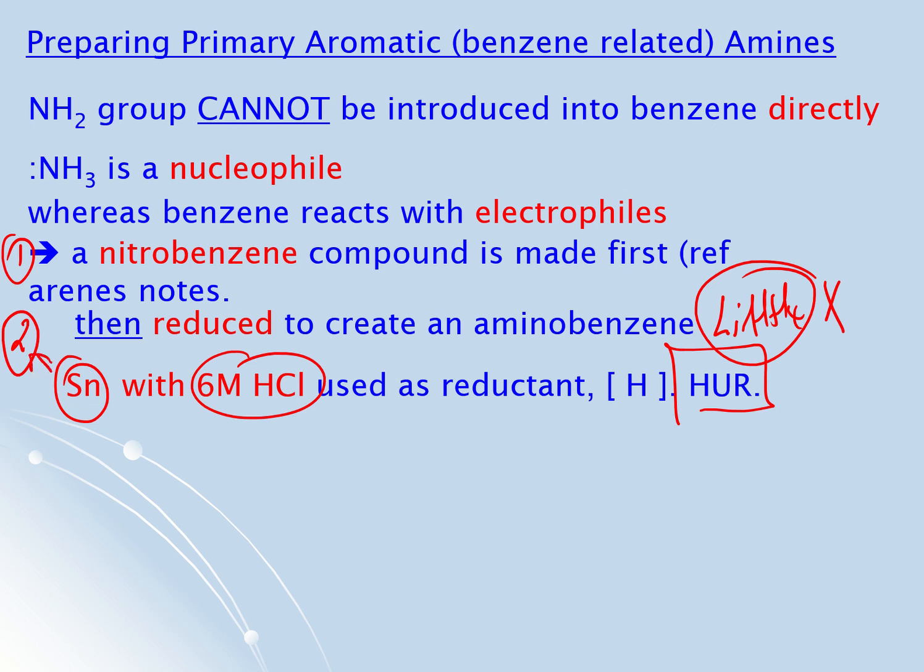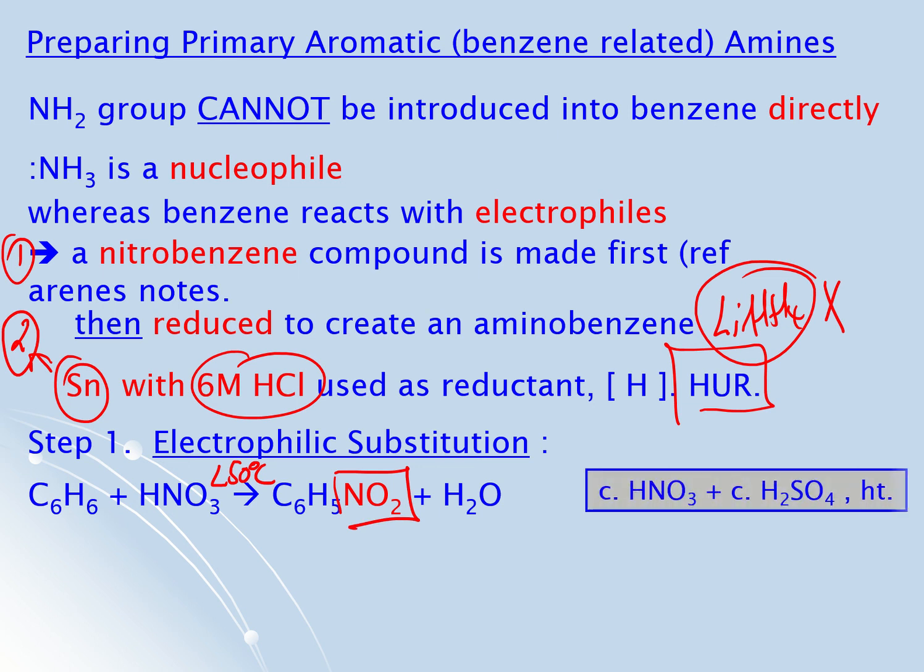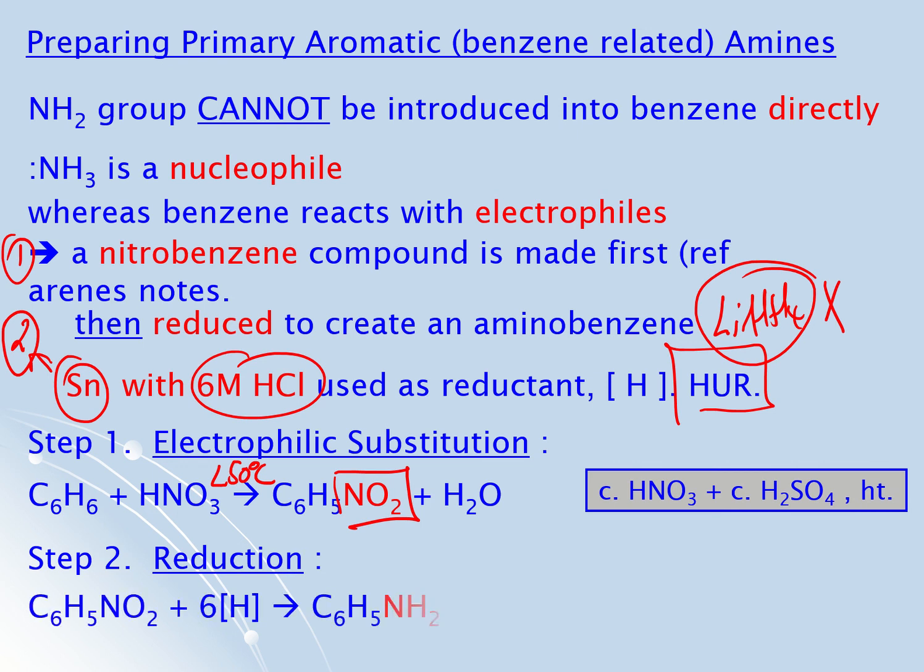Step 1 is the electrophilic substitution with nitric acid at less than 50 degrees Celsius to give nitrobenzene. That's the first thing I do, trying to make aminobenzene or phenylamine from benzene. Step 2 is the reduction of that nitrated compound that we've just made in step 1.